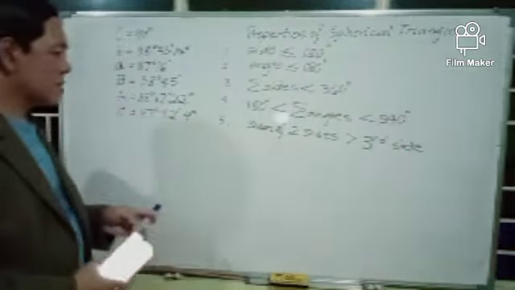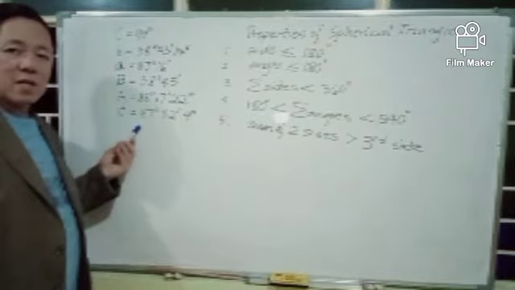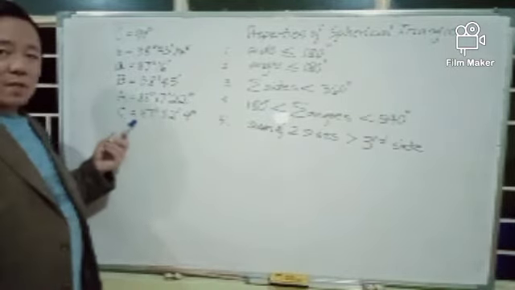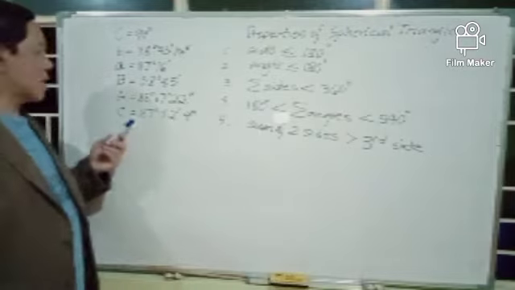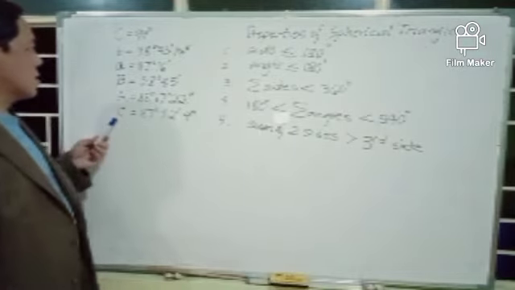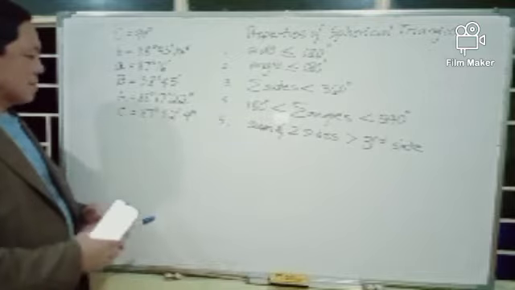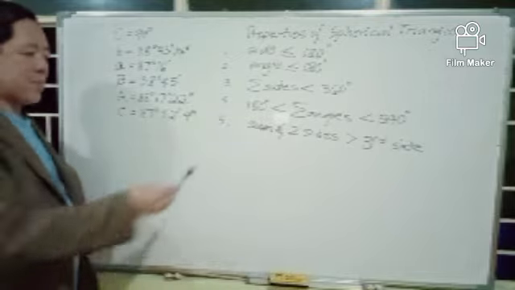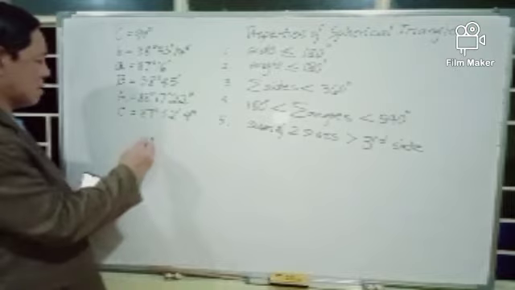The three sides of spherical triangle, in particular this right spherical triangle, are small a, small b, and small c.